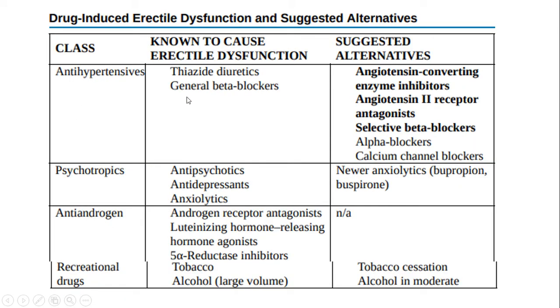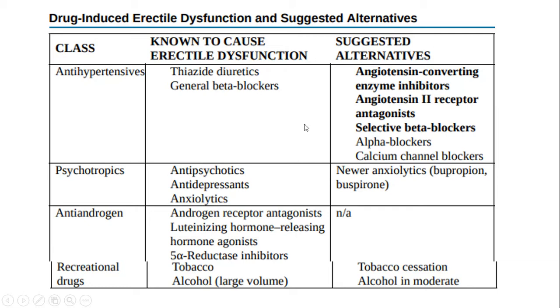So let's talk about other drugs. If thiazide diuretics and general beta blockers cause erectile dysfunction, we suggest alternatives like angiotensin converting enzyme inhibitors and angiotensin 2 receptor antagonists, and we use selective beta blockers, alpha blockers, and calcium channel blockers, which can replace beta blockers.